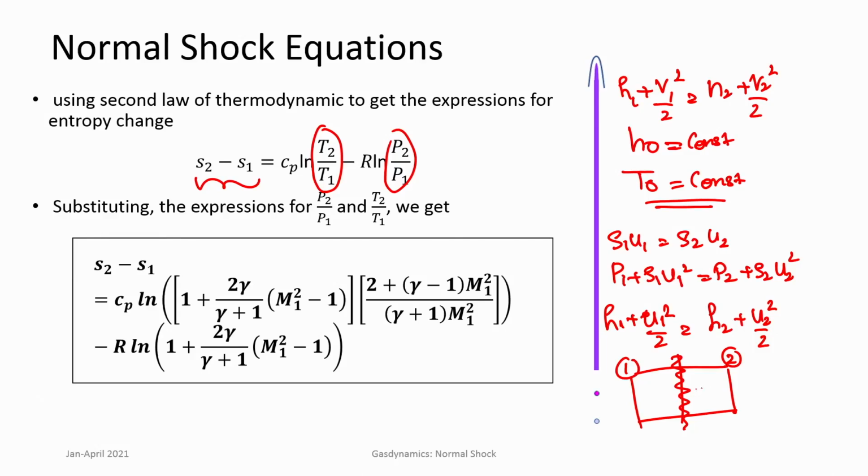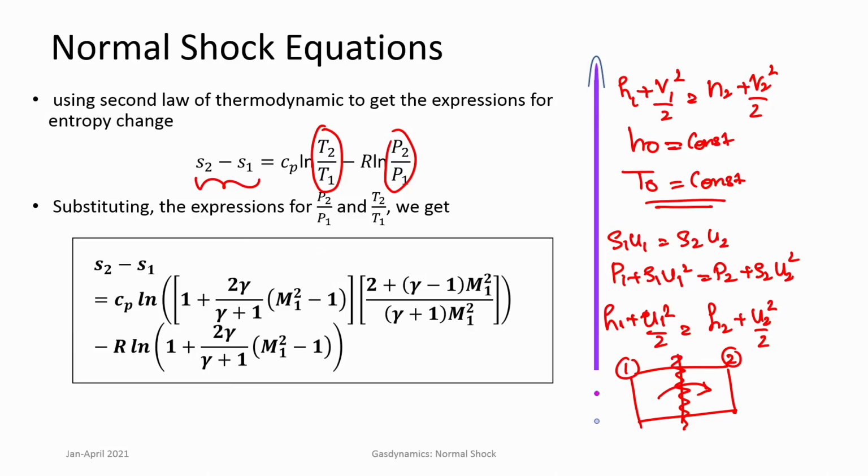Can there be conditions where velocity suddenly increases across the shock? That kind of shock could be called an expansion shock, because the normal shock we are discussing is a compression shock. It compresses the gas, increasing the pressure and density.